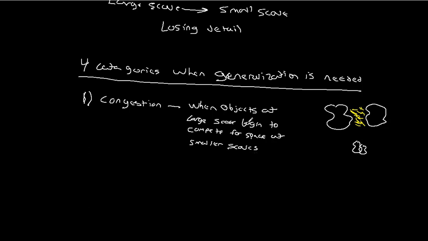So you can think of congestion as literally just when you shrink the map scale, things start to become congested. We can take that a step further and we get what's called coalescence. Coalescence takes congestion a step further, and now we actually have objects overlapping each other.